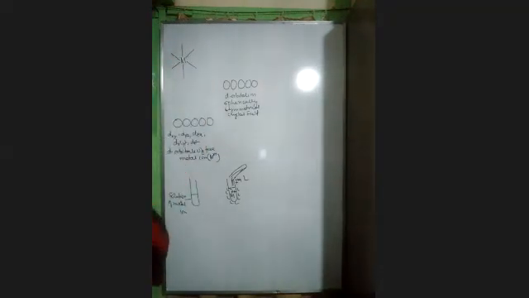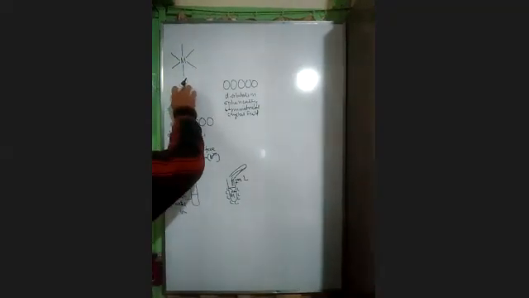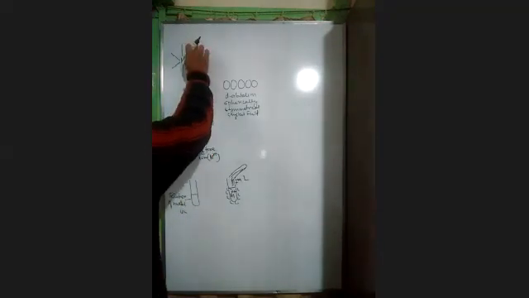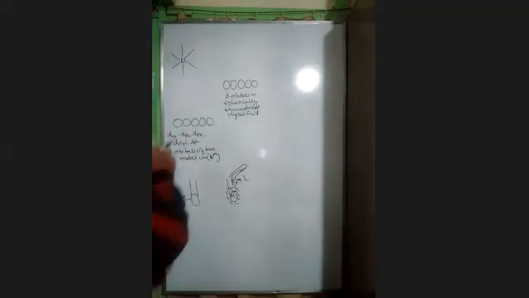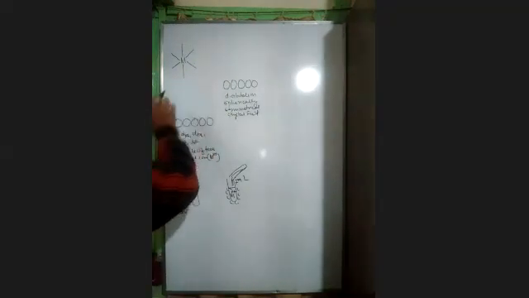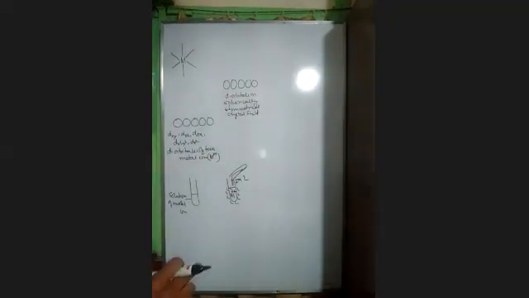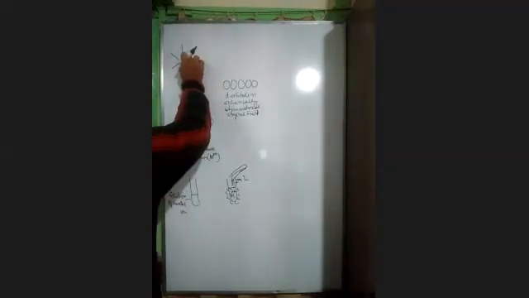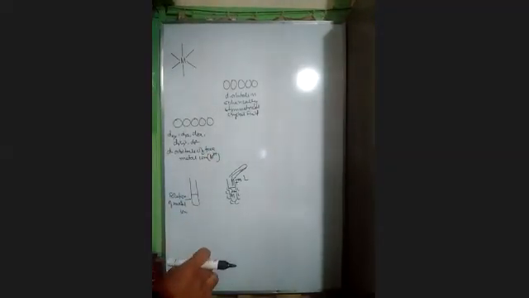Now, the ligand has two options: whether to come along the axis, this is 1, 2, 3, 4, 5, 6, along the axis, or in between the axis. If they come along the axis, they are going to meet dx square minus y square and dz square. If they come in between the axis, then they are going to meet dxy, dyz, and dzx.